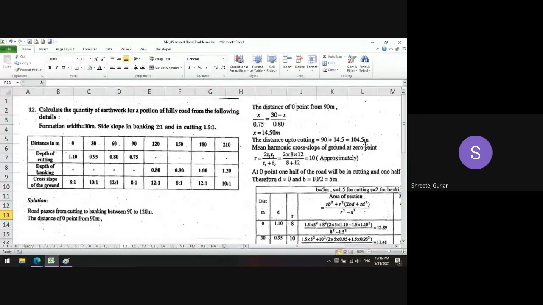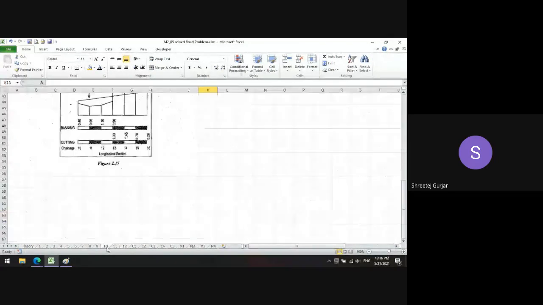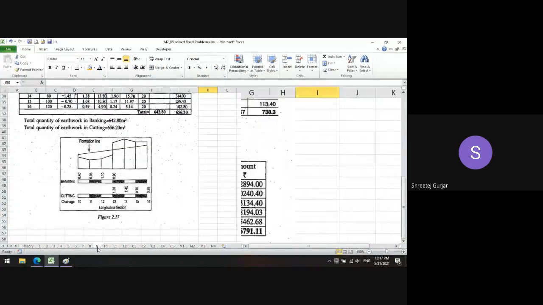We will go through your question paper, and if we find that these kinds of numericals are asked, we'll solve them in a revision class. So with this, your earthwork calculation for your embankment is over. We have calculated the earthwork required for cutting and filling.